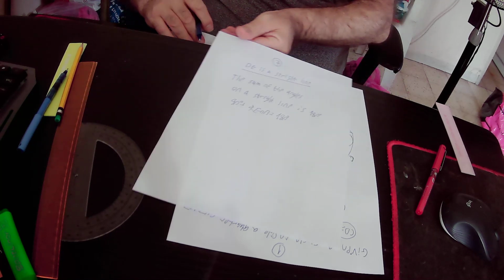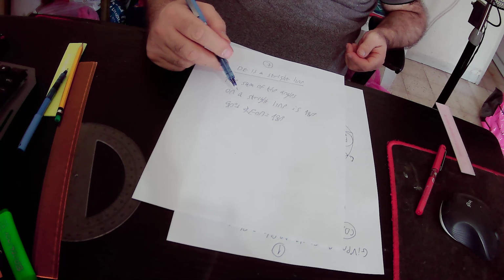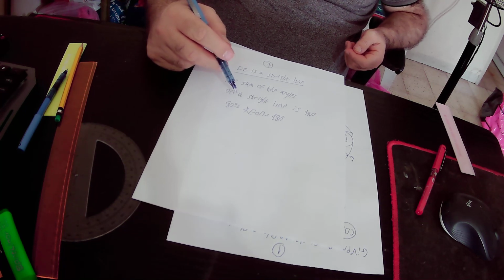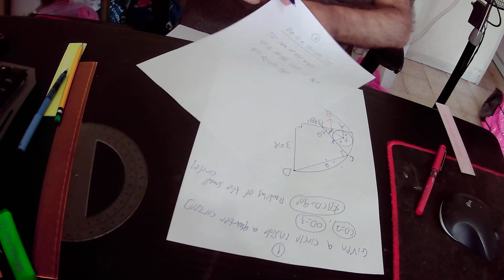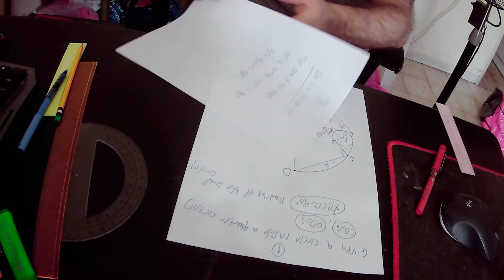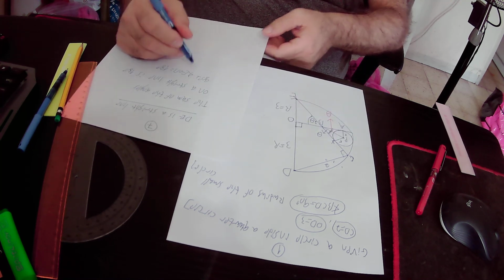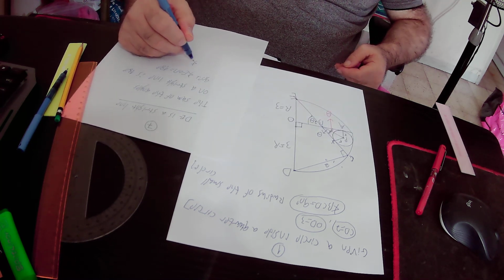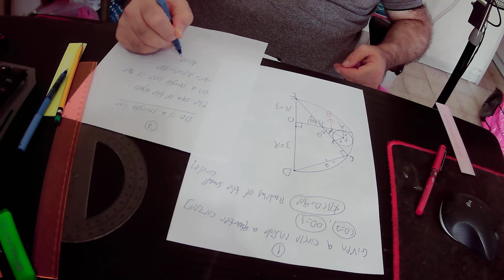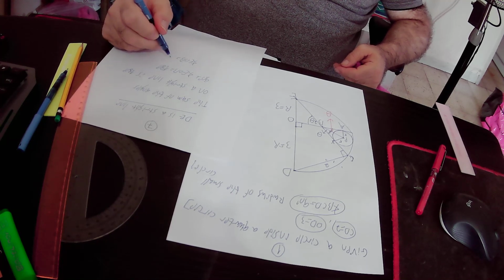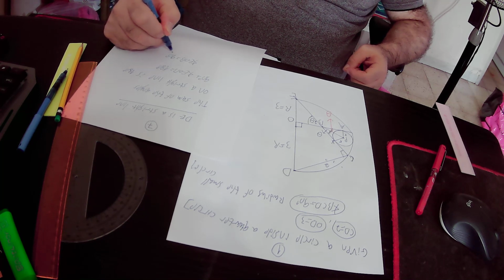So here we will subtract 90 degrees from this equality, and we will get that the size of angle EOB equals 180 degrees minus 90 degrees. It equals 90 degrees.